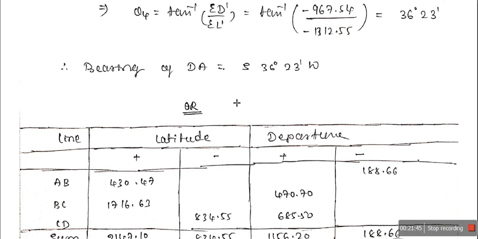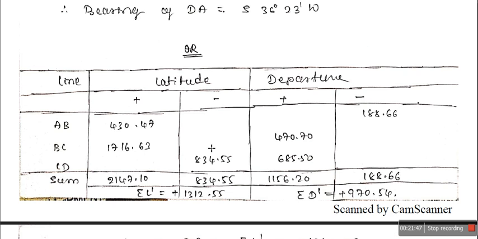This is one of the methods here. Instead of this, we can use a tabular form like this. These are the lines. Here the missing one is the AD line. Just remove that one. For the remaining lines, we know the length and bearing, and the positive and negative latitude and departure values are written here after calculating with respect to sign convention, making two columns with plus sign and minus sign.